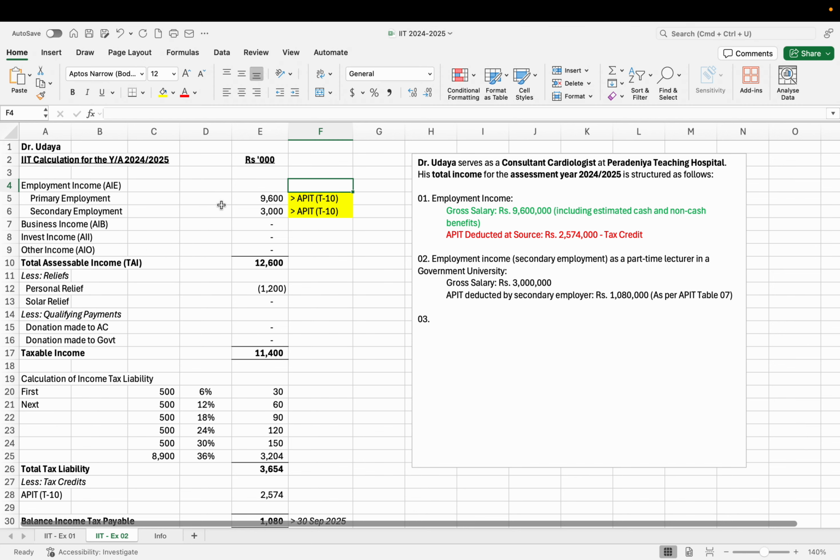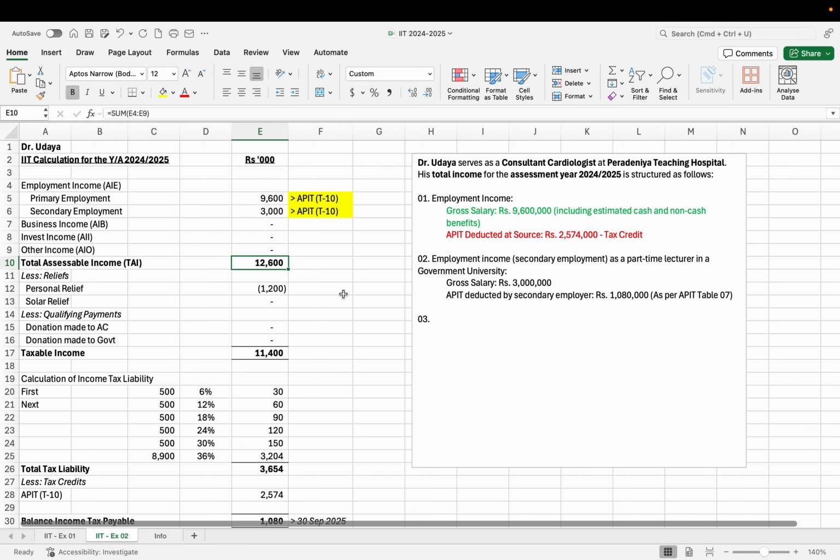In an examination question you don't need to attach them. But in practical application, when someone submits a tax return with primary and secondary employment, they need to attach those certificates as well.